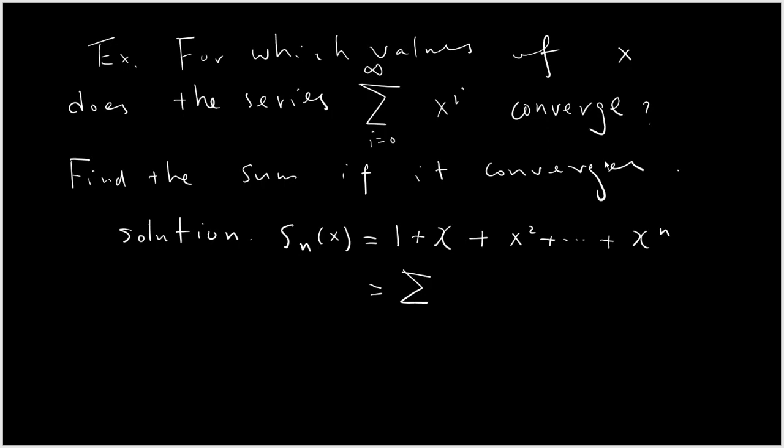This time you want I, the index, to be changing from 0 to n. By that we mean the index value of 0 will give you 1. The index value of 1 will give you x, term 1. Okay, I will write it down so you will see the meaning.